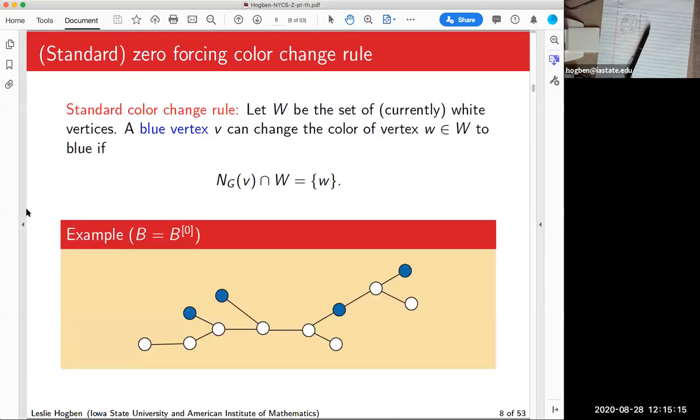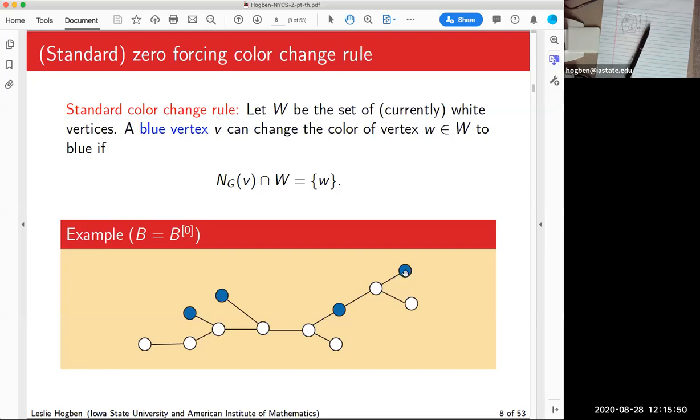So here I'm going to illustrate the zero forcing process on this particular tree. As we've said repeatedly, the standard color change rule is that a blue vertex V can change the color of a white vertex W if W is the only white vertex that is a neighbor of V. Here we have a graph with blue vertices, and you see this blue vertex on the upper right.